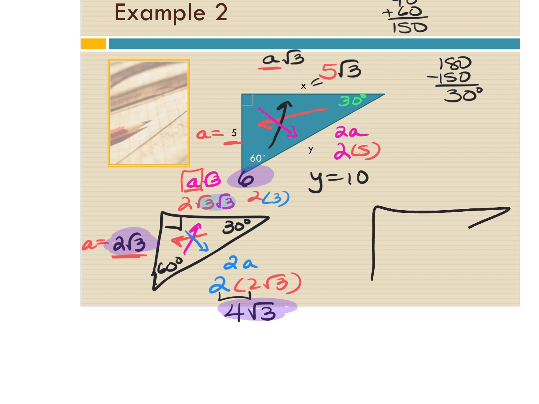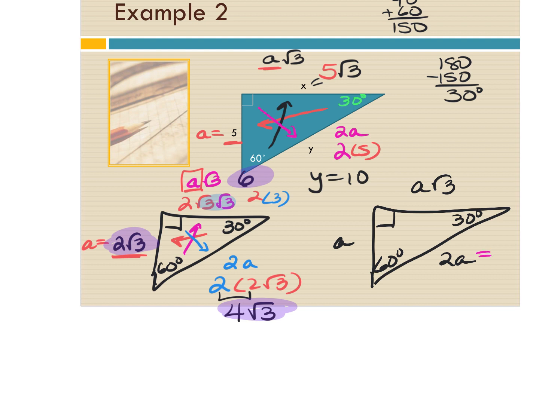So here again, same thing. What you're looking for is where the 30 and the 60, 90 are located. So this one is A, this one is A square root 3, and this one is 2 times A. So let's say this time I give you the length of the hypotenuse.